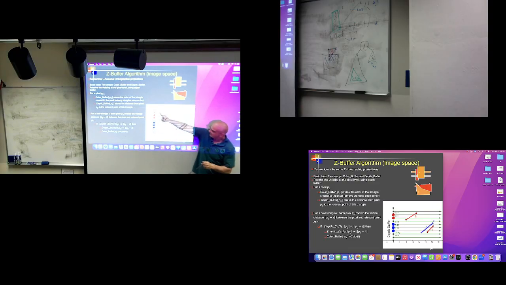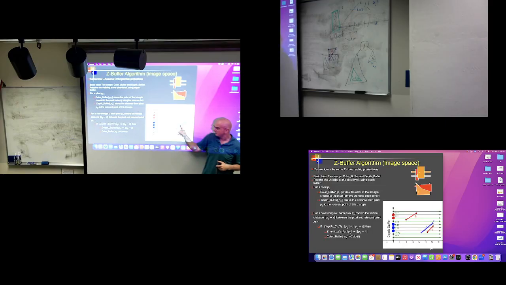So the depth buffer stores these distances, and the color buffer stores the color of the triangle that is the closest to me. This pixel says the triangle that is the closest to me is a blue one, so that's the color that I store. I assume right now that triangles are completely opaque.